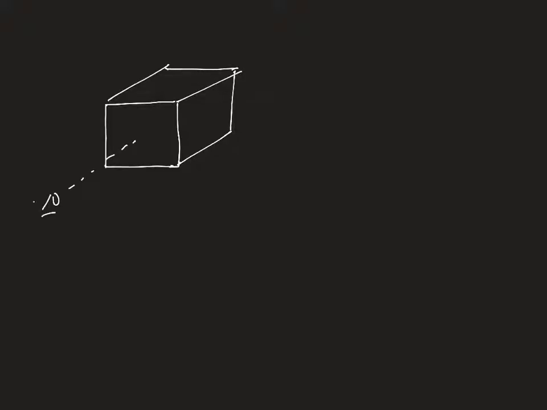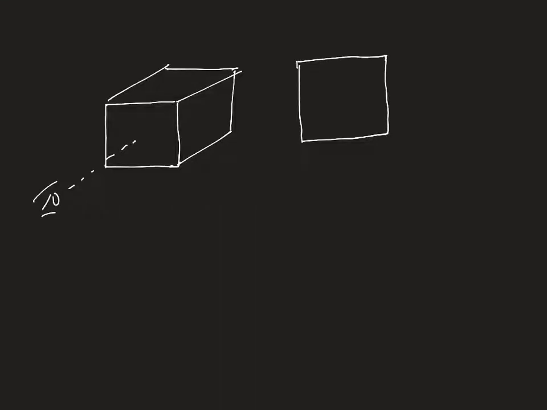Now let's consider a cube, and I'm drawing a cube here freehand, so you may expect it is going to be a very bad drawing. Anyways, let's consider a cube. If I want to see this cube from this line of sight, it would become really simple to analyze. This is my cube.